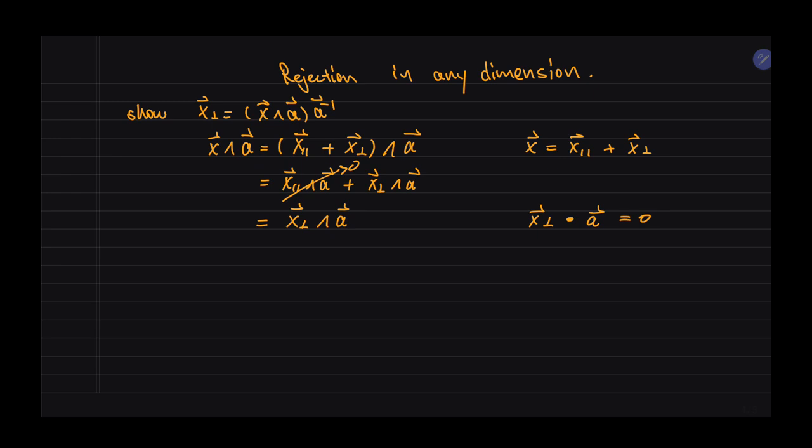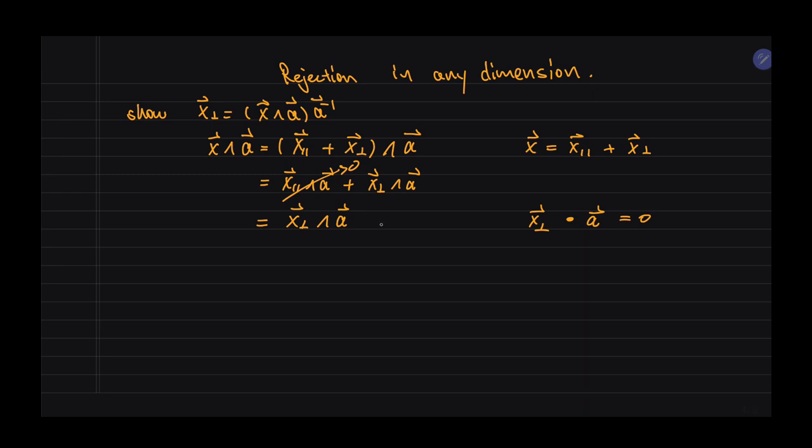In any dimension, it can be 2 dimensions, 3 dimensions, but they are defined to be orthogonal, because this is pretty much the meaning of the symbol here, orthogonal. By orthogonal we mean that this x orthogonal component is orthogonal to a.